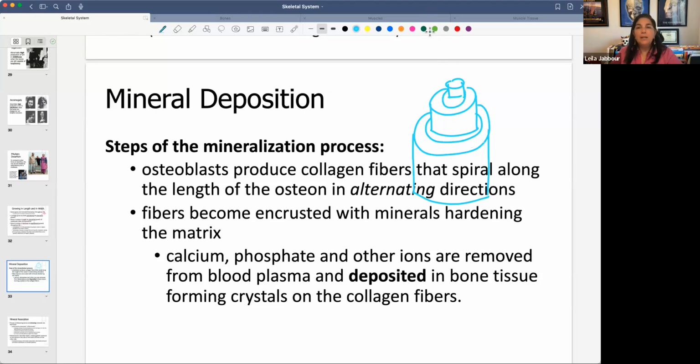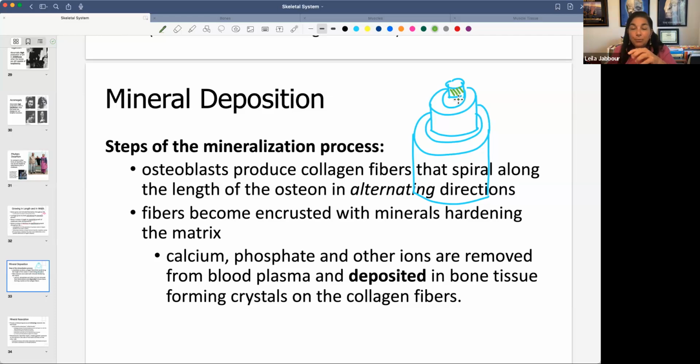Right, so for these lamellae, I'm going to draw collagen fibers in green, and I'm going to show you these collagen fibers. When each lamella is put in place, these lamellae are made of bone tissue, which starts as a soft bone tissue, the osteoid tissue, and these are the osteoblasts producing collagen fibers and all the content that goes into the matrix and makes the bone tissue.